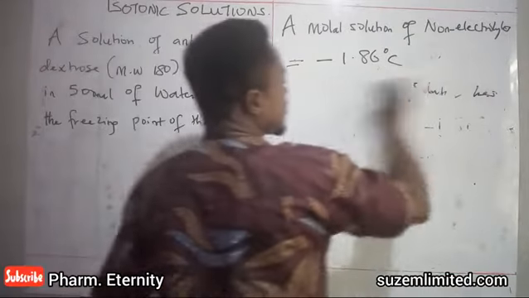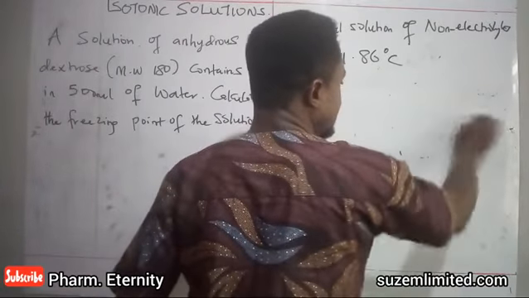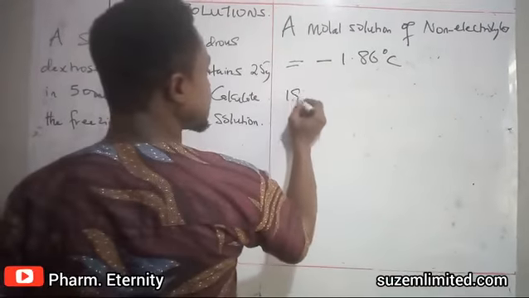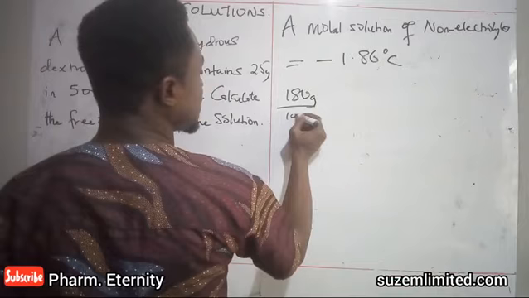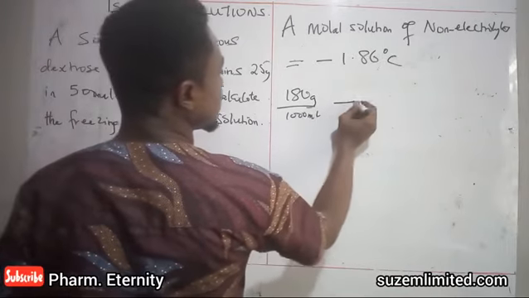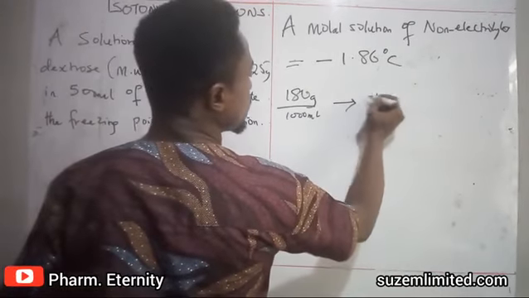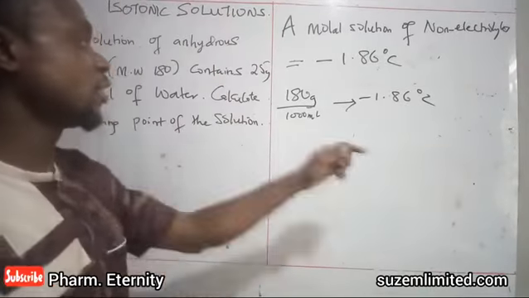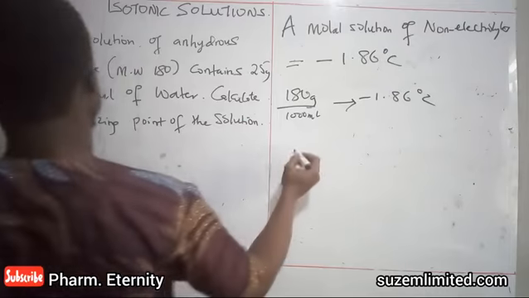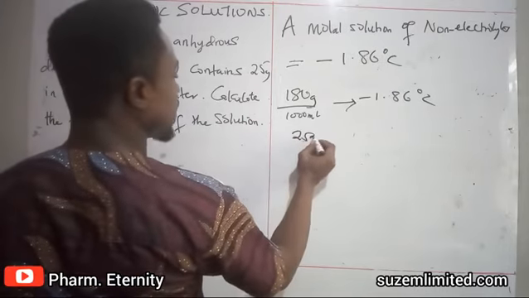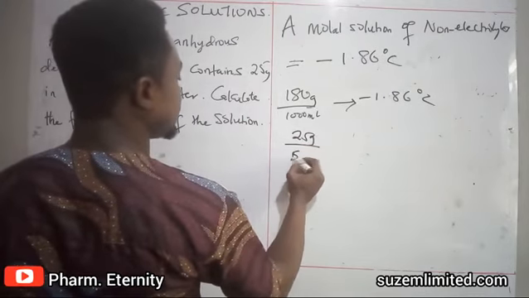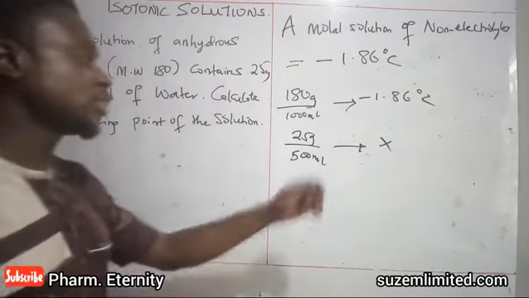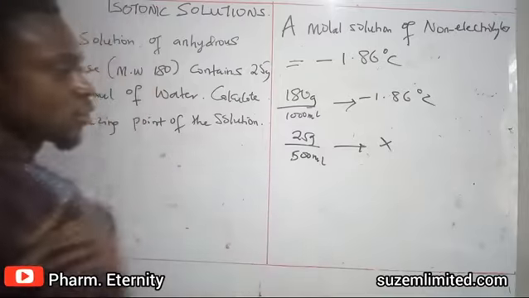Now, setting it mathematically, we have that 180 gram in 1000 ml gives minus 1.86 degrees Celsius freezing point. Therefore, 25 gram in 500 ml will give what freezing point? Let's first solve for x.